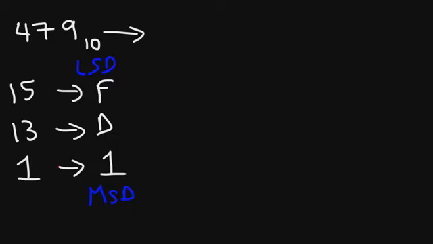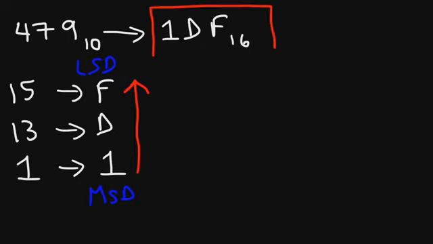So we need to write it in this order, from the most to the least significant digit. So therefore, 479 in the base 10 system as a decimal is 1DF as a hexadecimal. So we can write a subscript of 16 to indicate that this is a hexadecimal number. And so that's how you can convert a decimal number to a hexadecimal number using a calculator.